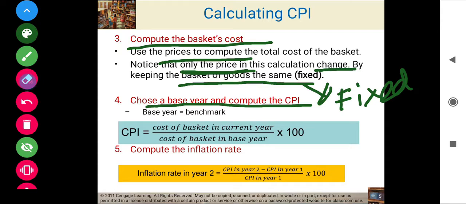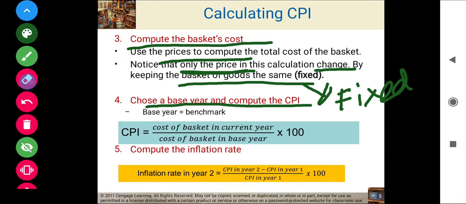Based on the formula, CPI is the cost of the basket in the current year, divided by the cost of the basket in the base year, and then multiplied by 100.